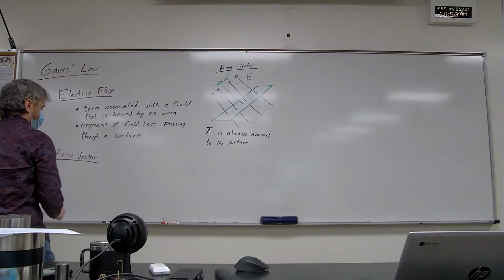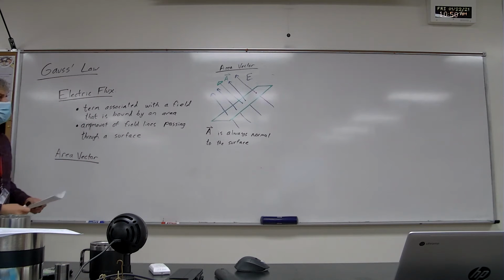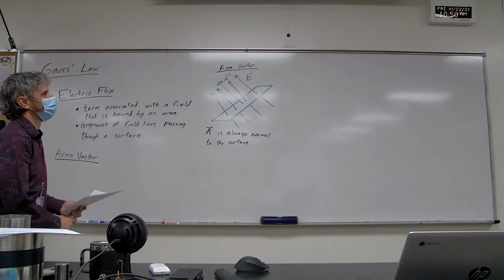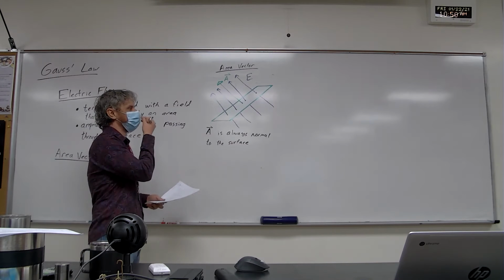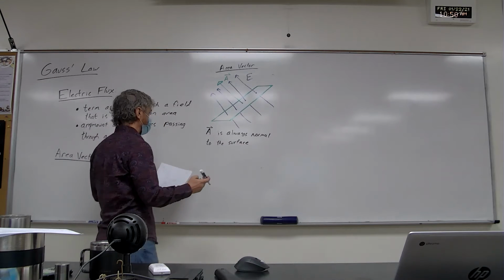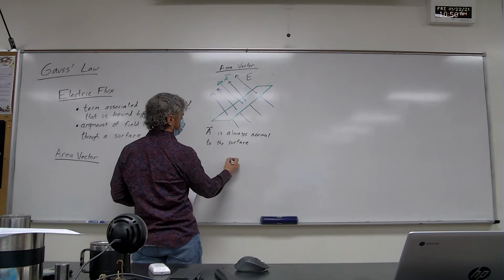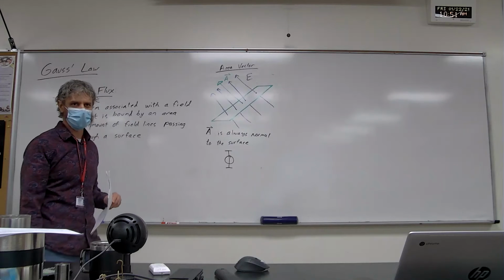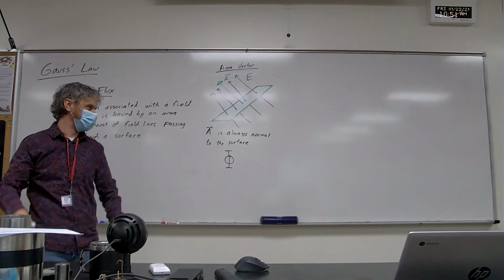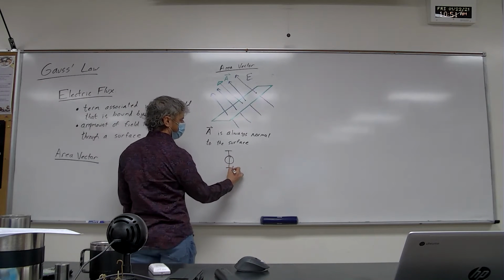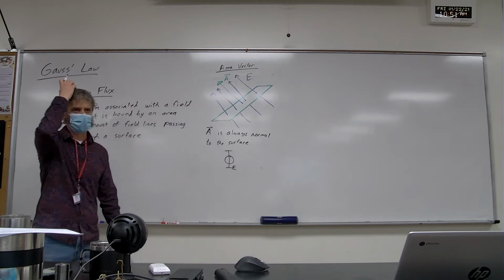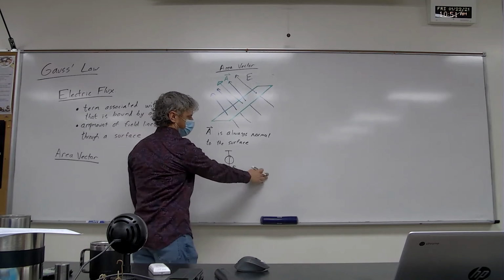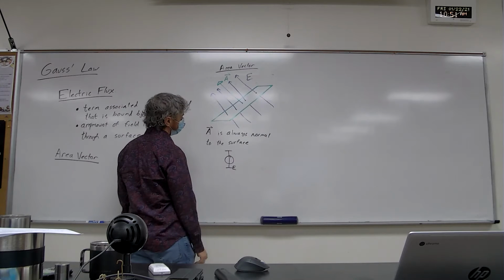With this mathematical definition of an area vector and electric fields, which we already know how to deal with, we can define electric flux, which gets the symbol capital Phi, which is like little phi, but with horizontal lines, with a subscript E, because we want to talk about electric flux here, not magnetic flux, which we'll talk about next decade sometime, I don't know. Sometime.